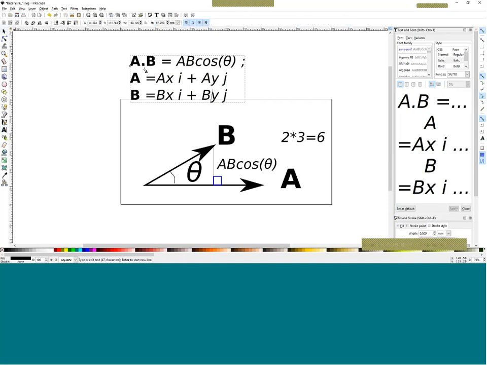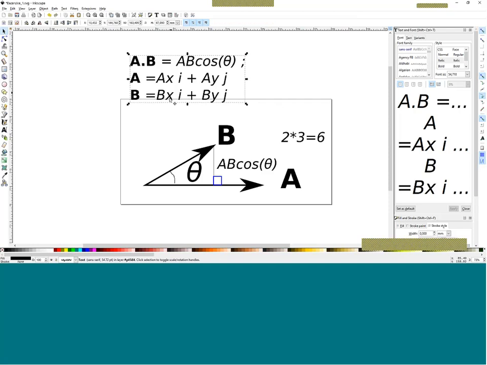If you multiply these two vectors with each other, the interesting thing is that components of the same species, meaning i and i, will multiply to create 1.